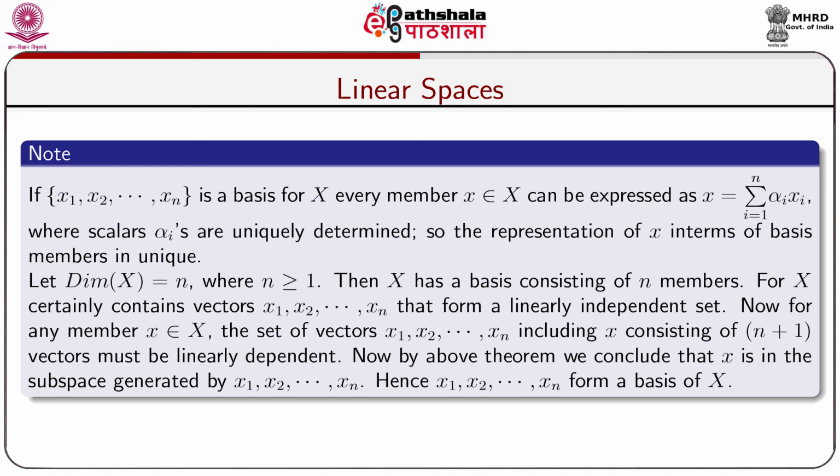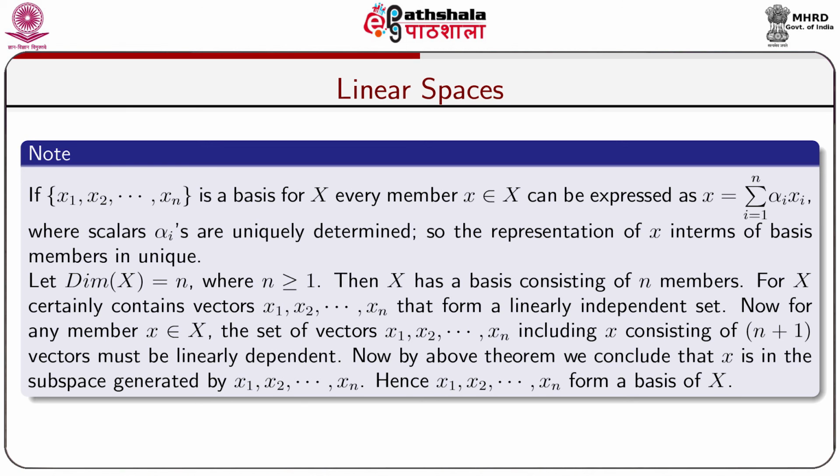Let the dimension of X be equal to n, where n is greater than or equal to 1. Then X has a basis consisting of n members, that is, n members of X that are linearly independent and generate X. For X certainly contains vectors x1, x2, ..., xn that form a linearly independent set.